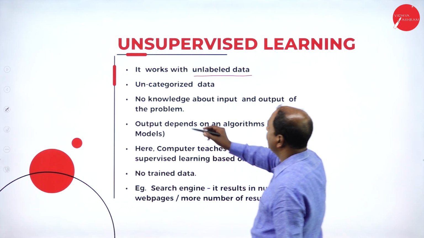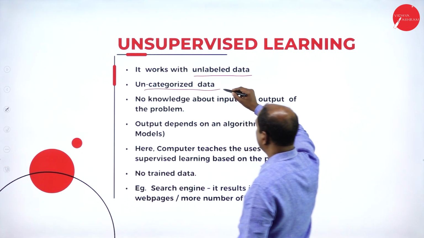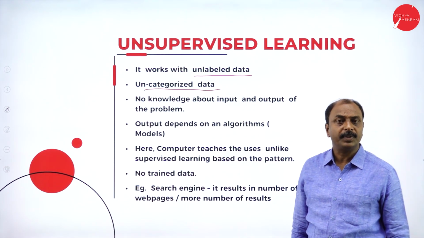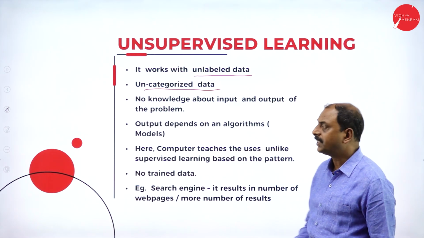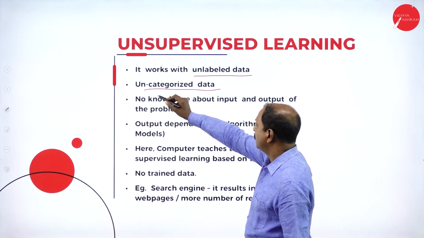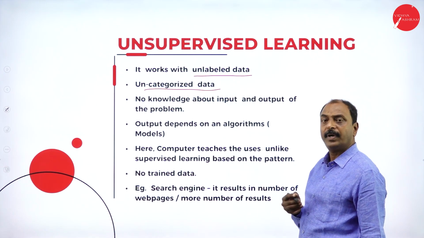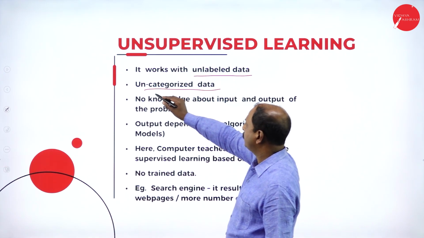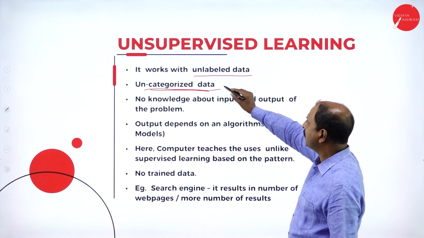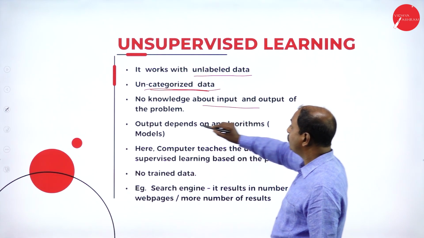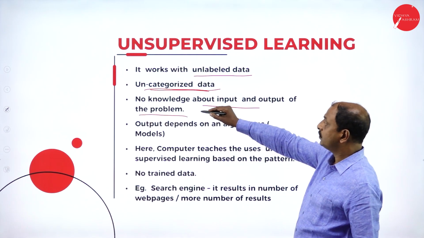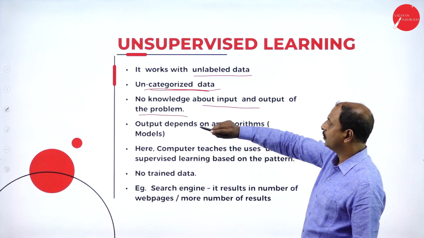Here it is uncategorized data. As we have seen, the forms of supervised machine learning are classification and regression. Here there is no concept of bifurcation and no concept of separating. So uncategorized data and no knowledge about the input and output of the problem. See, this is another difference between those two.